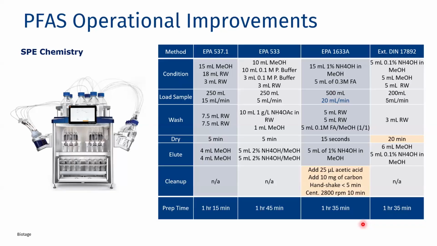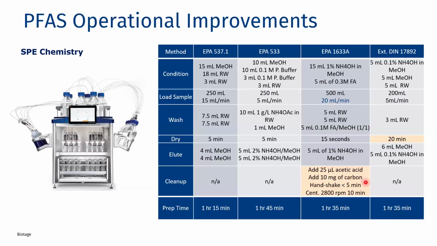The next thing that we will talk about is improving our solid phase extraction chemistry. What you'll notice in the EPA 1633 method is there's a cleanup that is done to the extract. It's a carbon cleanup where you add 10 milligrams of carbon to the extract that's eluted from the system, and then you shake.